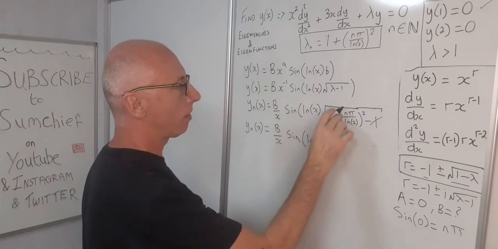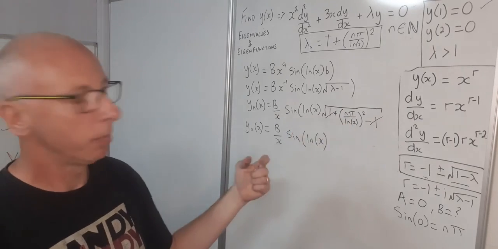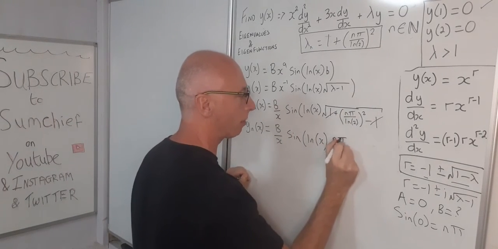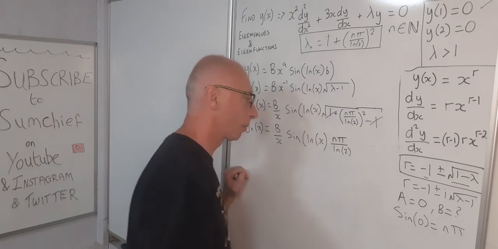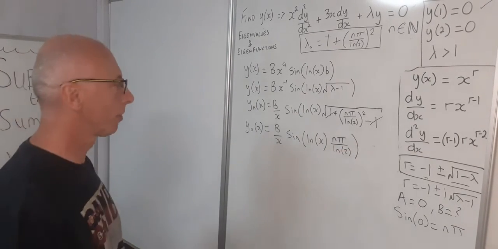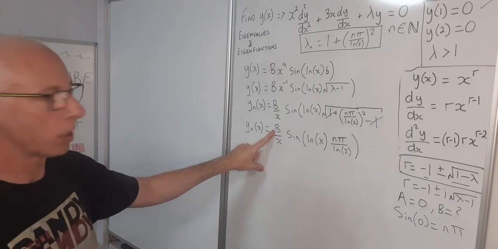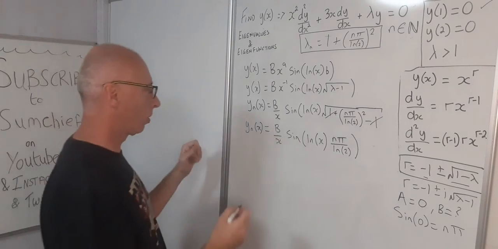And now with the square root and a squared term, we can just take the square root of this term and put that next to our natural log of x. So n pi over natural log of 2. And then close the bracket for our sine function. Now our b here is a constant, which we don't know. So we can plug in just a 1 for that, we can ignore that.